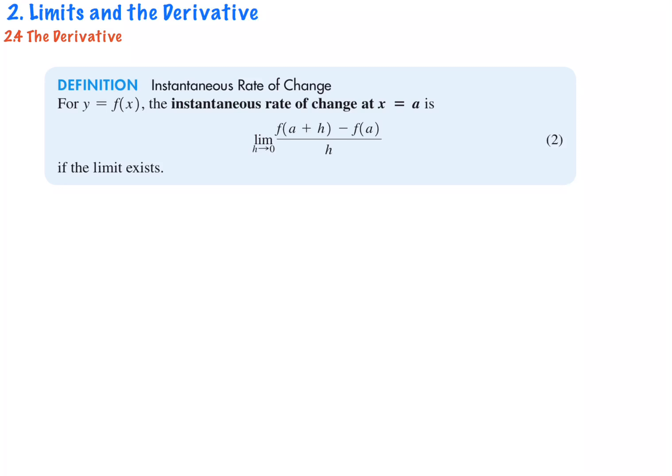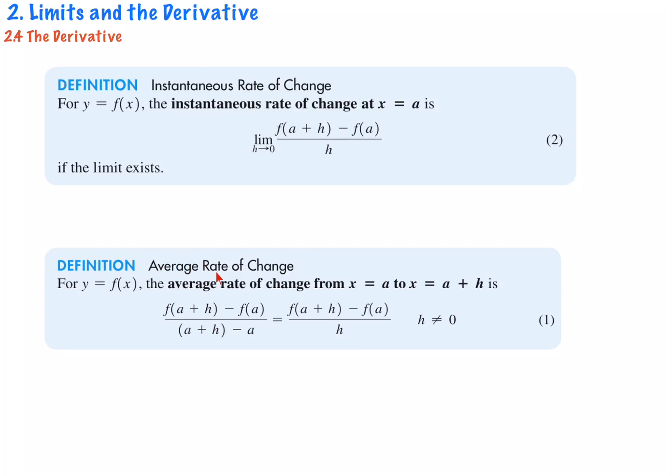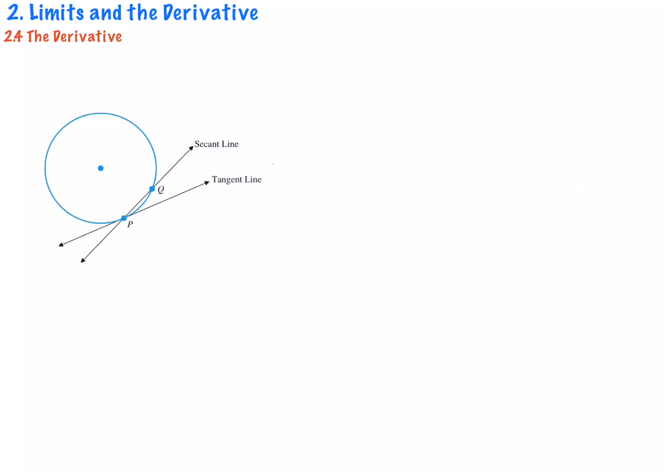So it's not referring to the average rate of change. So I'll present it again. The average rate of change will be just this, without the limit. But when you have instantaneous rate of change, you'll have the limit over here. Yeah, that's the difference between the instantaneous rate of change and the average rate of change.